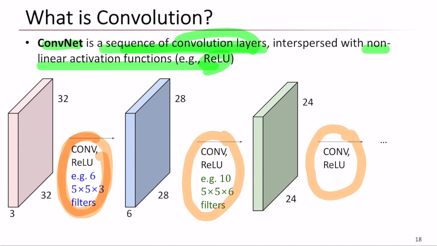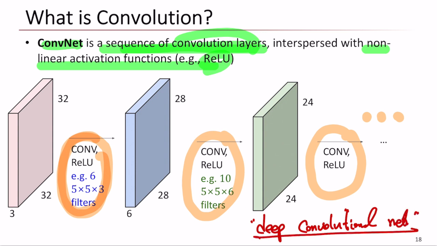By stacking these convolution layers, we get a deep convolutional neural network, or just ConvNet. That's the starting point of our lesson.